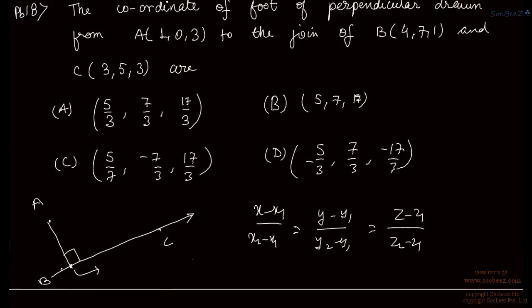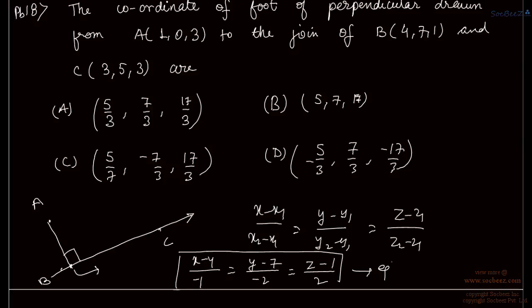So we can write the equation of line as x minus 4 upon x2 minus x1, which is 3 minus 4, minus 1, is equal to y minus 7 upon 5 minus 7, minus 2, is equal to z minus 1 upon z2 minus z1, 3 minus 1, 2. So this is the equation of line BC, right?